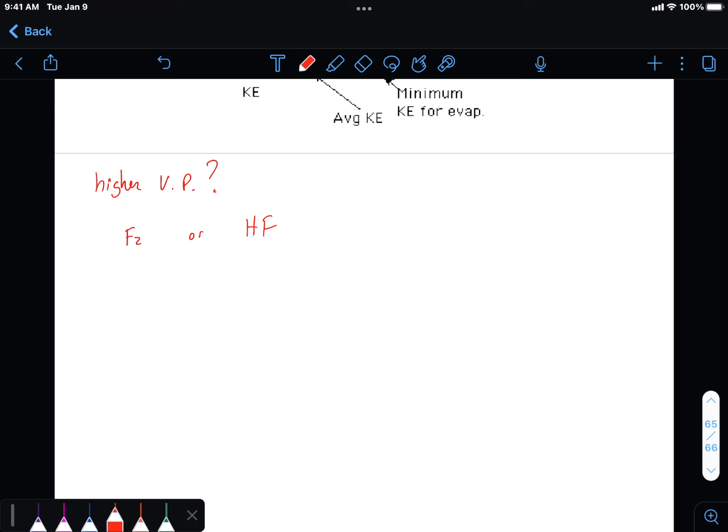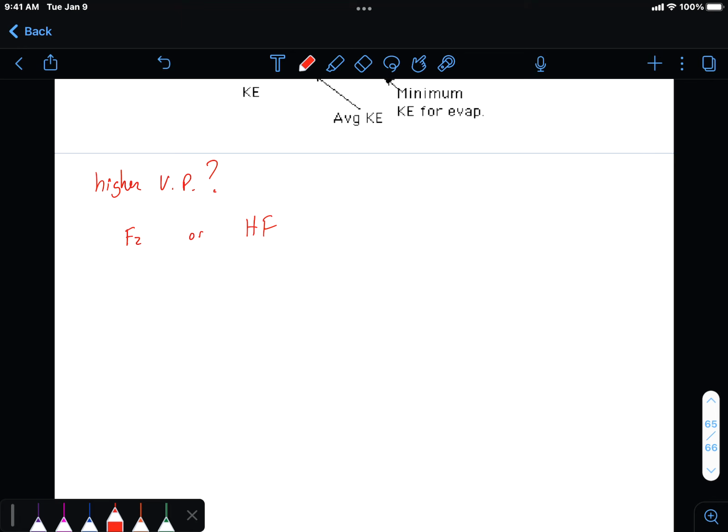What do we think? No, sorry, that's not HF, actually. It's actually going to be fluorine that has the higher vapor pressure. Why would that be?